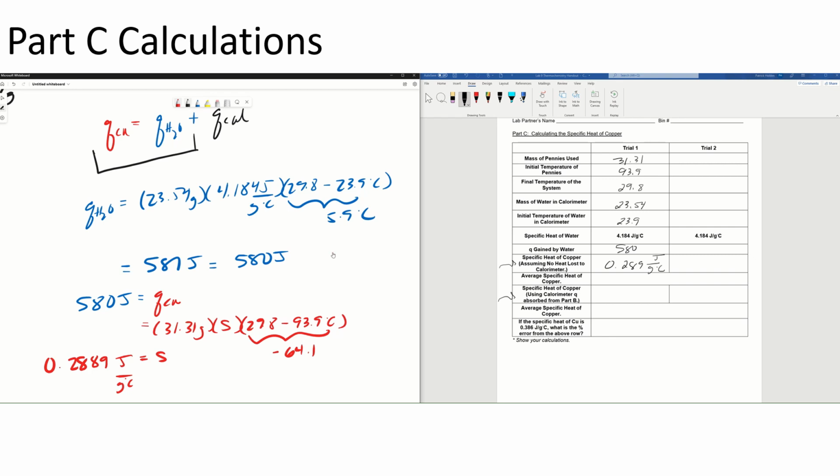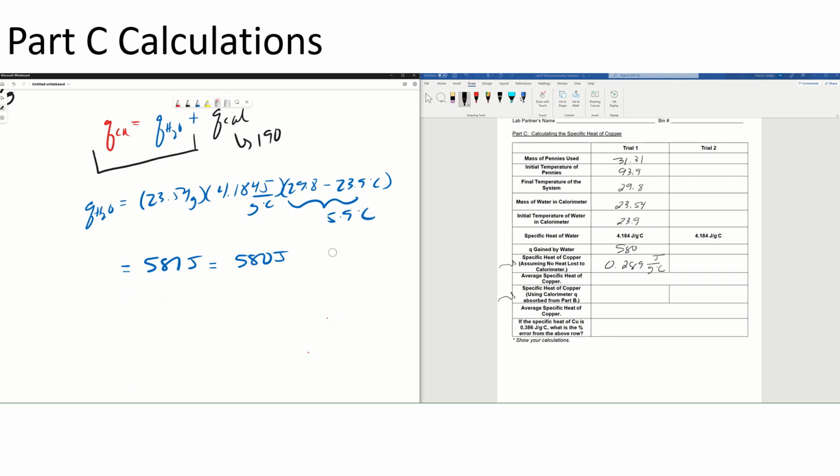So my Q of the calorimeter, the average, was 190. Now I'm going to say the Q of the copper is equal to the Q of the water, which I just determined was 580 joules.